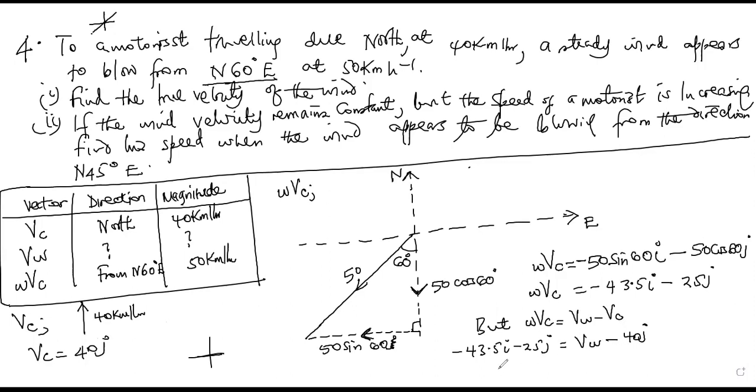Collect like terms. So it means that negative 43.5I minus 25J plus 40J is equal to velocity of wind. So velocity of wind will be equal to negative 43.5I plus 15J. So now it is this that I'm going to get as the magnitude. So from here, members, let's look for the magnitude of that velocity.